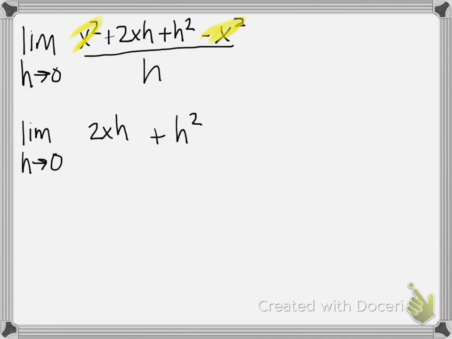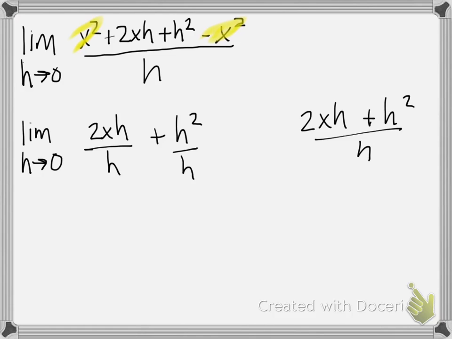And technically, since that is the same thing as that over h and that over h, if we added those two together, since we would have a common denominator, it would look like 2xh plus h squared all over h. So this is just a separate way to write it to help keep things clear for you. So we can see that that h and that h will cancel, and this h will cancel out one of those h's.